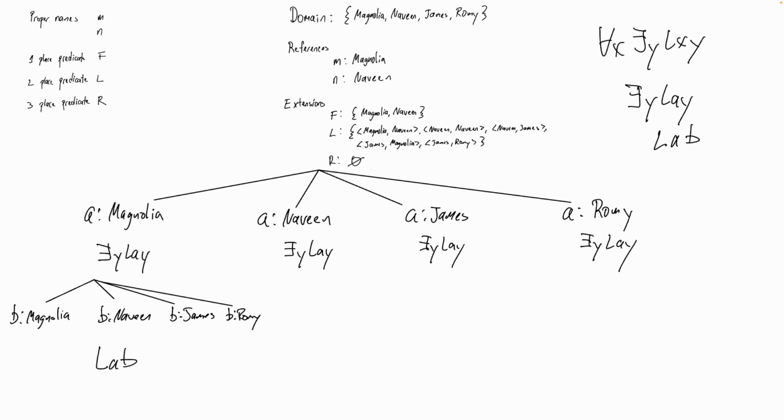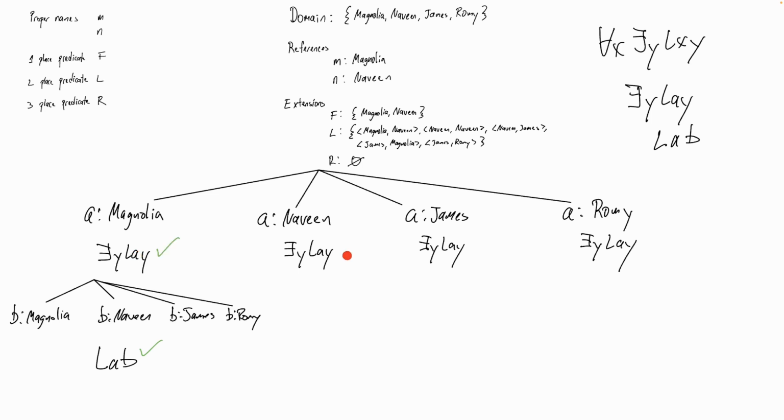Lab is true on the second of those expanded valuations because the ordered pair Magnolia-Naveen is in the extension of L. Because Lab is true on the second of these expanded valuations, that means that there is a y such that Lay is true on the valuation one level back where Magnolia has been assigned as the referent of A.